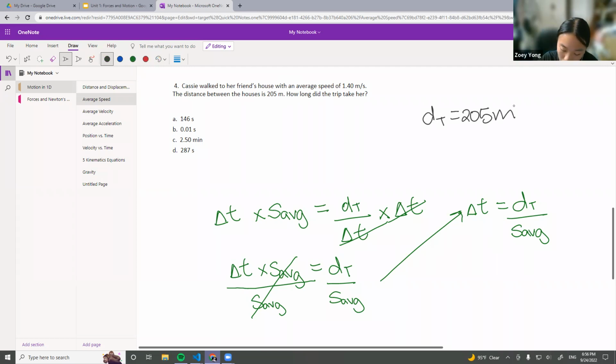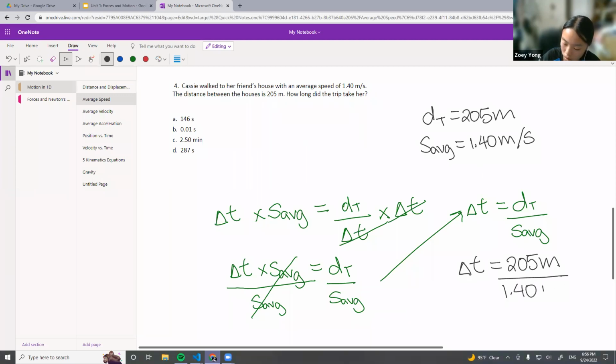And then the average speed is equal to 1.40 meters per second. So from this, we can get 205 meters divided by 1.40 meters per second.